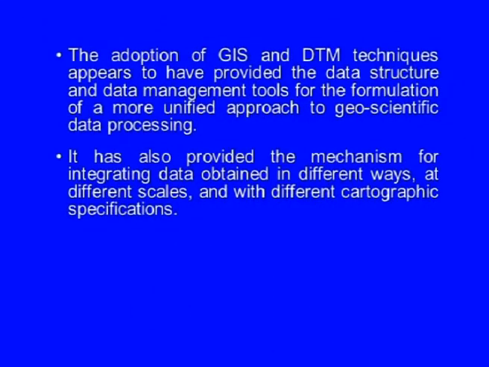The adoption of GIS and DTM techniques appears to have provided the data structure and data management tools for the formulation of a more unified approach to geoscientific data processing. It has also provided the mechanism for integrating data obtained in different ways at different scales and with different cartographic specifications.